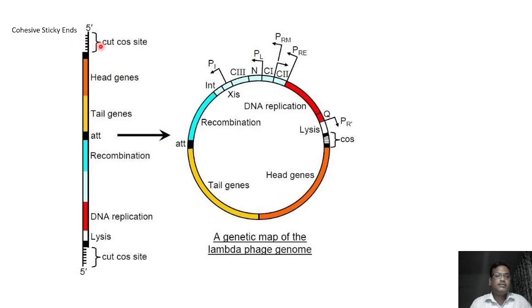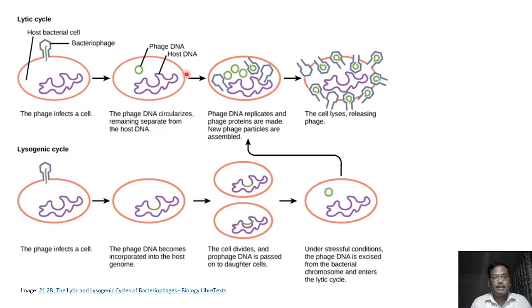And sticky ends help in joining together. So for example, these two are the sticky ends which can join with another DNA. So the presence of this COS site is the most important character of phage DNA or phage vector.